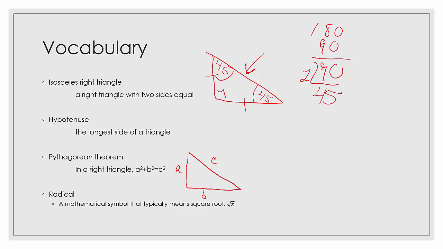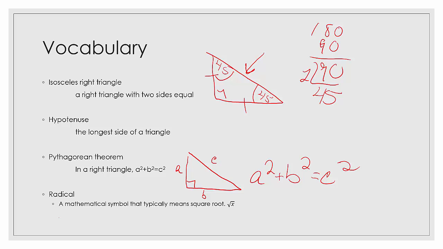So we have A squared plus B squared equals C squared. And then the length of the hypotenuse is equal to the square root of A squared plus B squared.